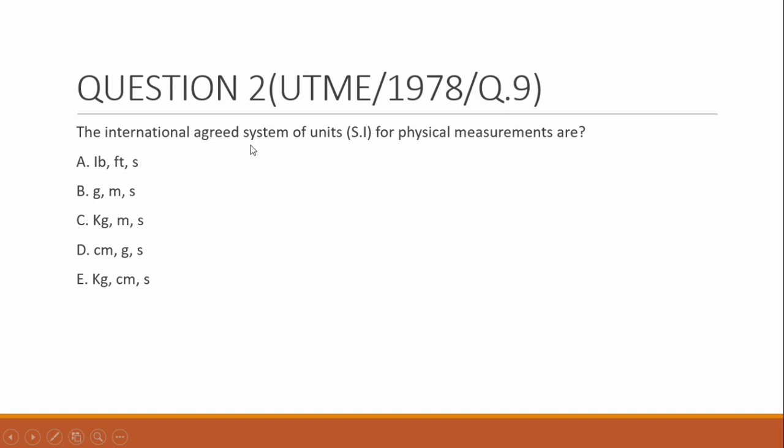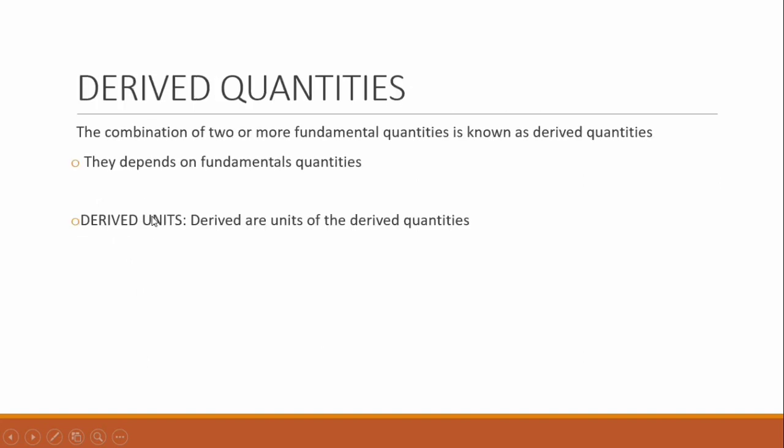Which is the agreed SI unit? The best answer is C, kg meter second. Kg, the unit for mass, meter, the unit for length, and second, the unit for time. So the best answer here is C.